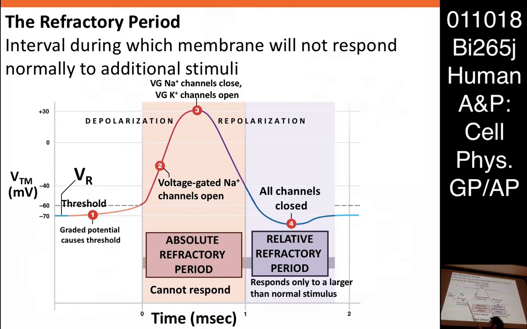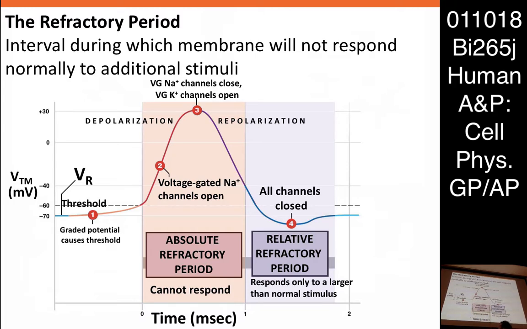Graded potentials impinge upon the axon hillock, and the potential of the membrane reaches minus 60, the channel swings open, sodium rushes in, we get to plus 30, the sodium channel closes, the potassium channel opens, and we start to repolarize. All channels close, the way I had shown, and then the ATPase brings us back to normal.